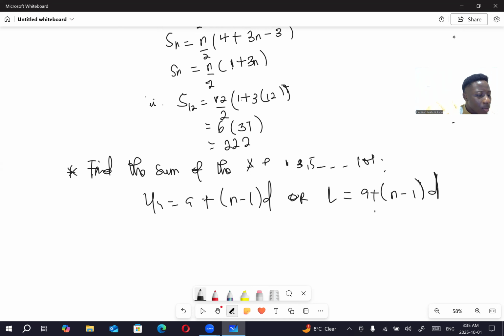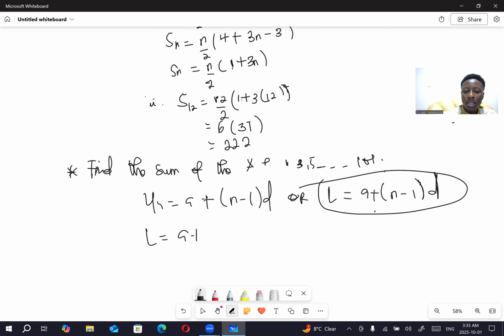I think that's what I gave you the other time. So this one you have the last term, so this is what you have to use. So l is equal to a plus n minus 1 d.